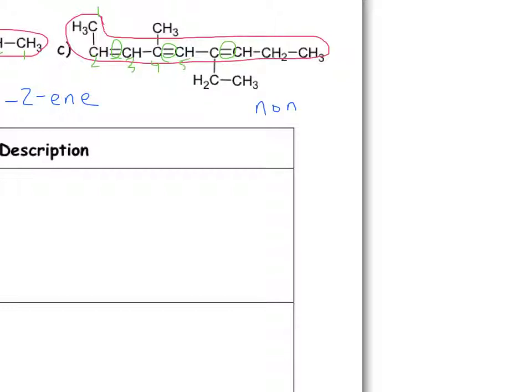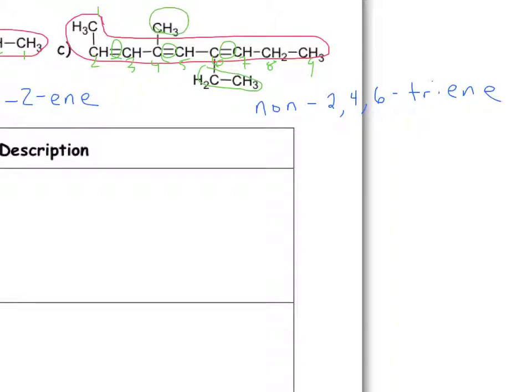So I have double bonds on carbon 2, on carbon 4, and on carbon 6. And because I have 3 of them, I put tri in front of the ene. Now, I also have to include that and that side chain.